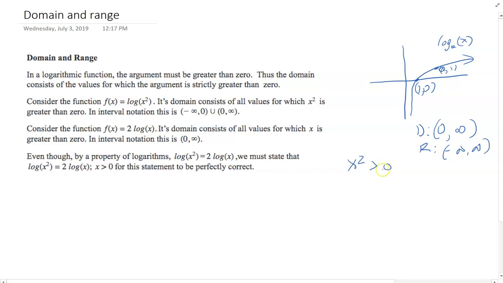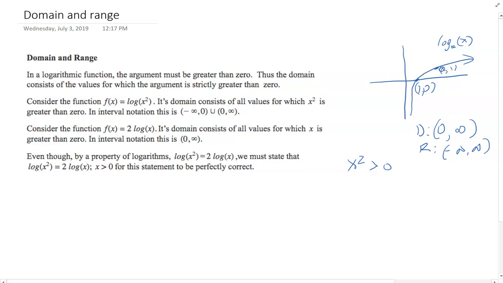These are all the numbers which would be positive or negative. You square them, it does not include 0. So its domain would be negative infinity to 0, union 0 to positive infinity.